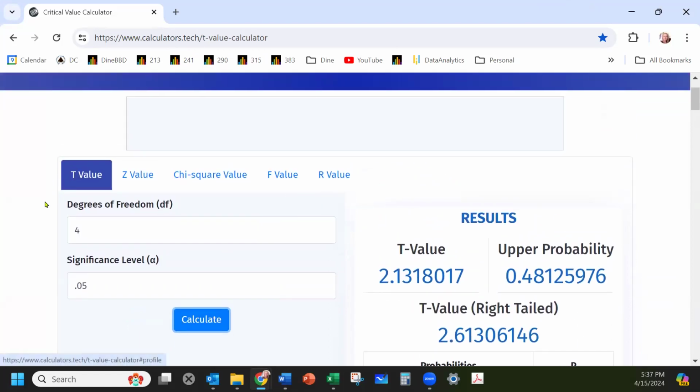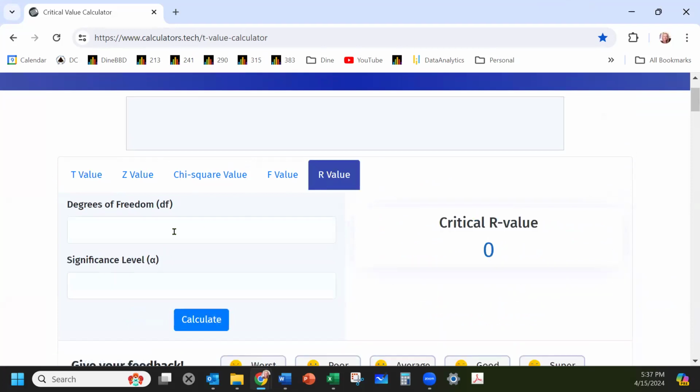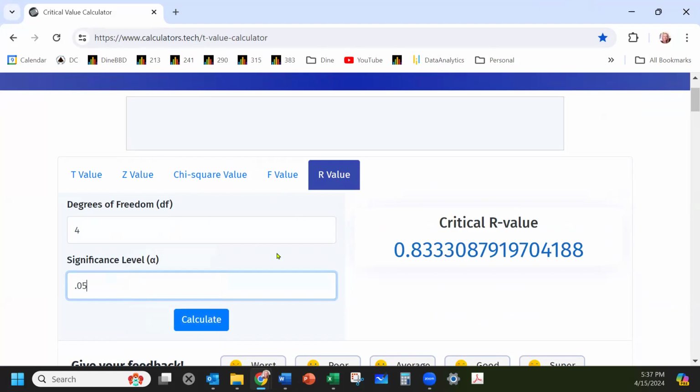And we accidentally made a mistake. This is the mistake I just made. In this particular calculator, you want to find the correct tool. And in this case, it's the R value that we're looking for. And so the degrees of freedom is 4. The significance level is 0.05. And the critical R value is 0.83.